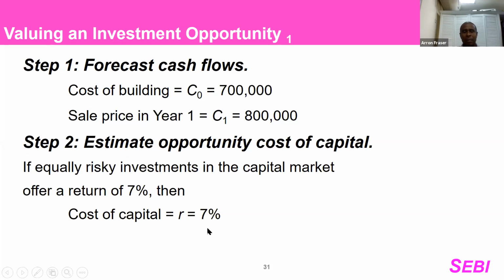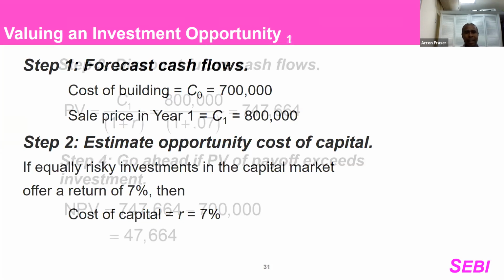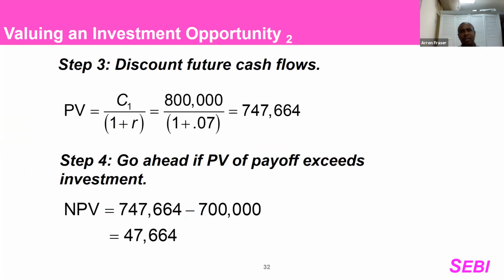So the first thing, we estimate the cash flows. The second thing, we estimate the opportunity cost of capital, or what we call the hurdle rate. And thirdly, we discount those cash flows. So those future cash flows are discounted to today's value.